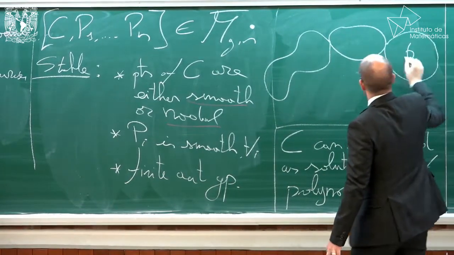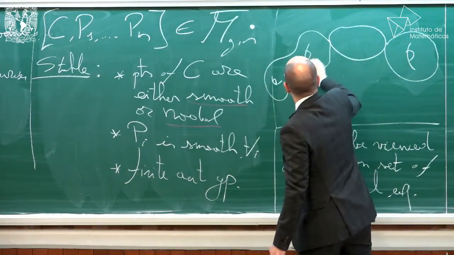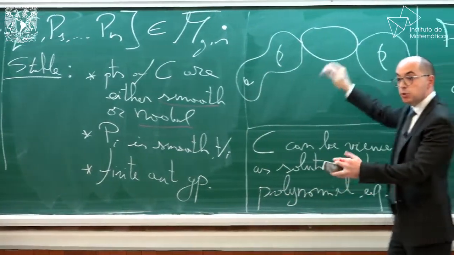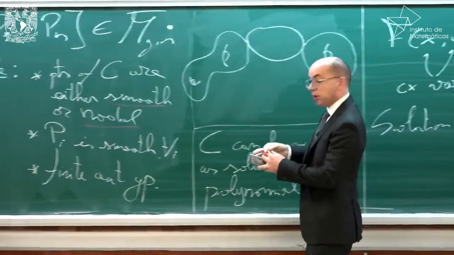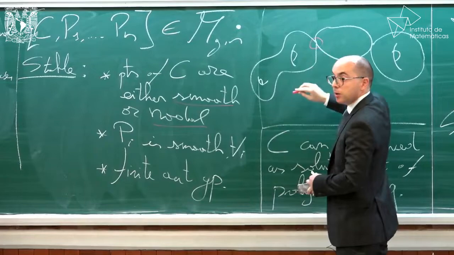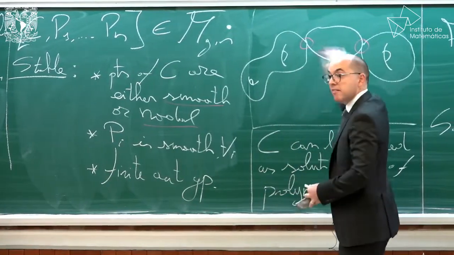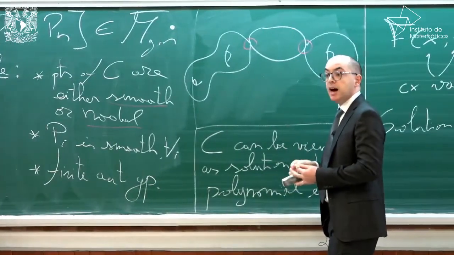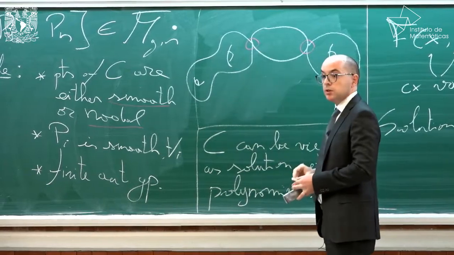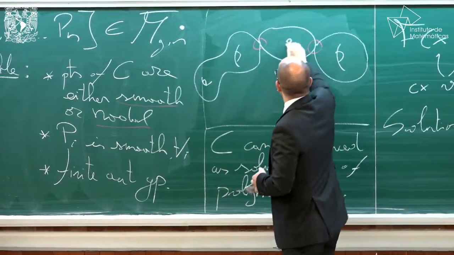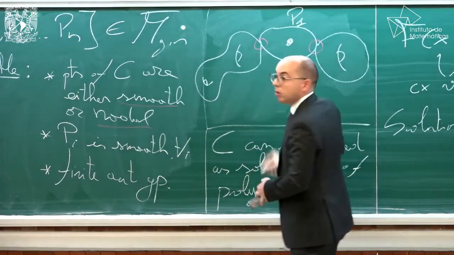You can think about it as being many components, many smooth curves meeting at nodal points. This is a singular point. This is a singular point. Every other point is smooth. So my p_i should avoid those nodal points. For instance, this one here could be p_1.